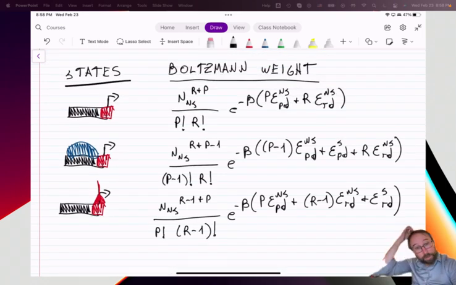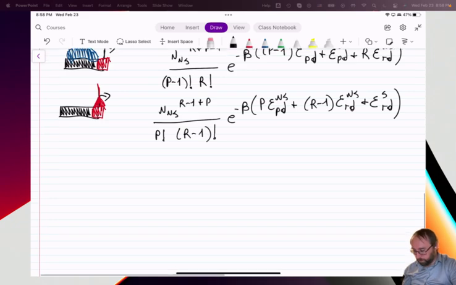We can now calculate the probability of finding the polymerase bound to the DNA. Okay, so step 5.